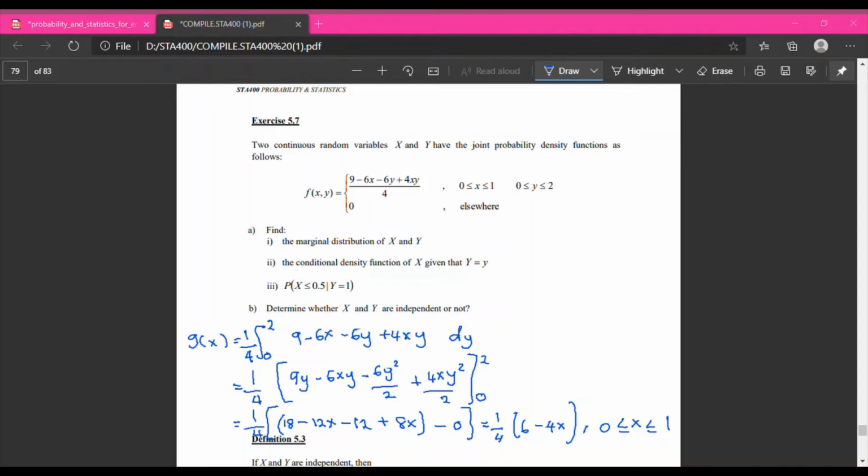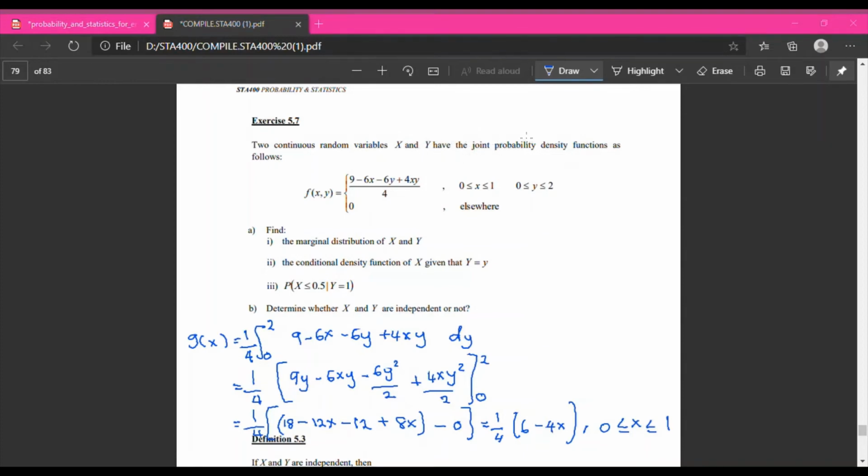Okay, and then we need to find the second one, the conditional density function of x given y.